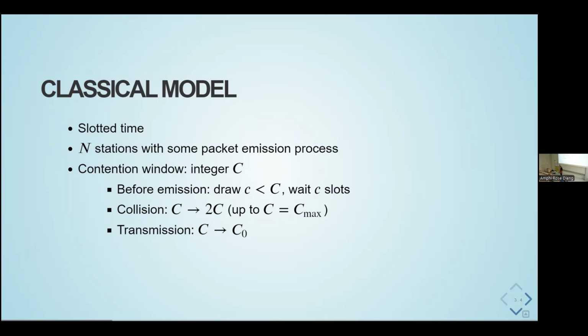Basically, whenever you have something to transmit, you wait a certain amount of slots determined by your current contention window. In case of collision, you typically double the size of your window up to a maximal window size Cmax. But if you can transmit, then you can reduce your contention window to a minimal size.